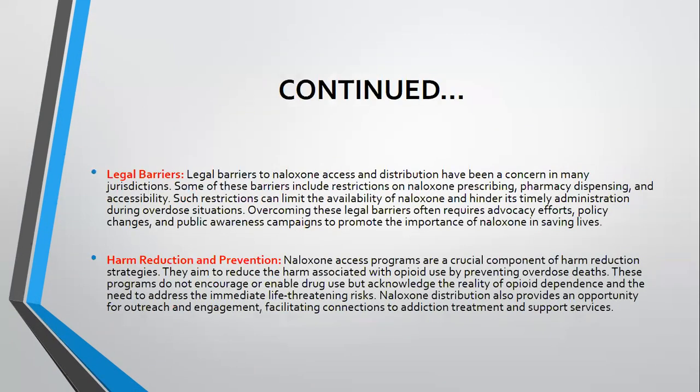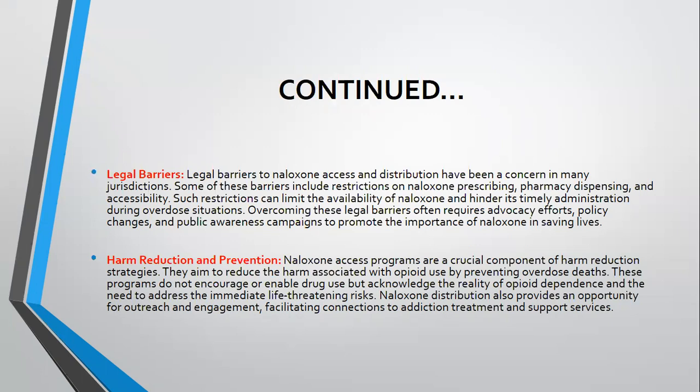Legal barriers. Everyone should respect the legal barriers set by their country and government. Legal barriers to naloxone access and distribution have been a concern in many jurisdictions. Some of these barriers include restriction of naloxone prescribing, pharmacy dispensing, and accessibility.